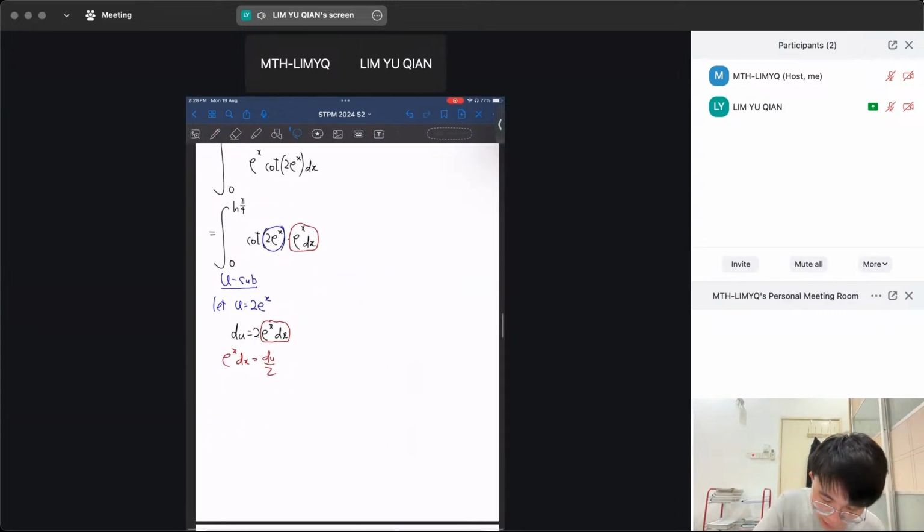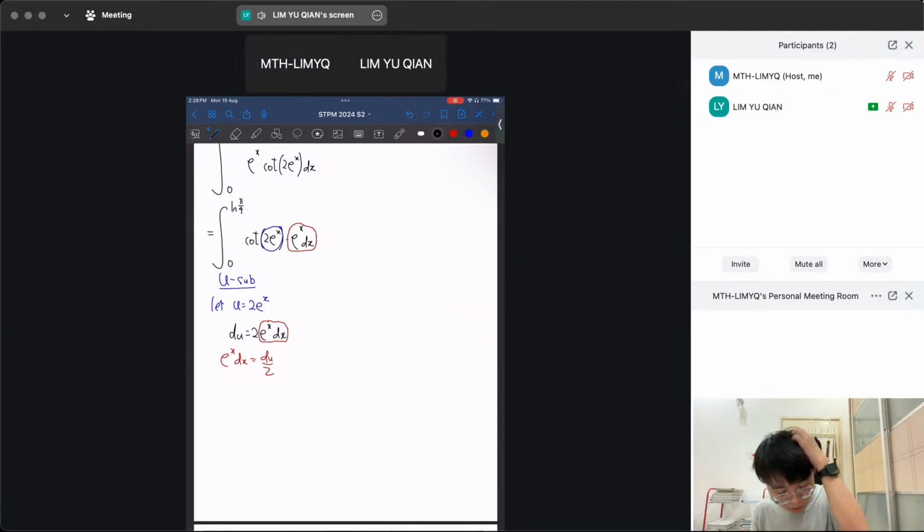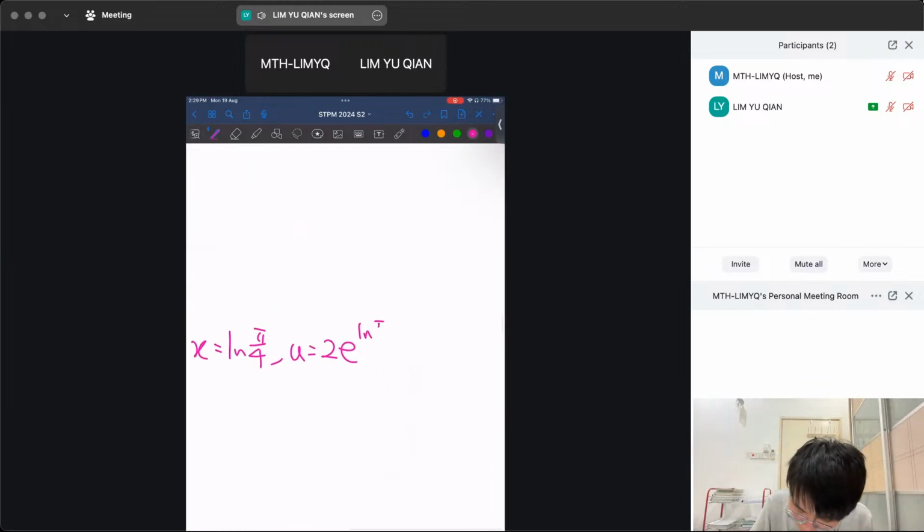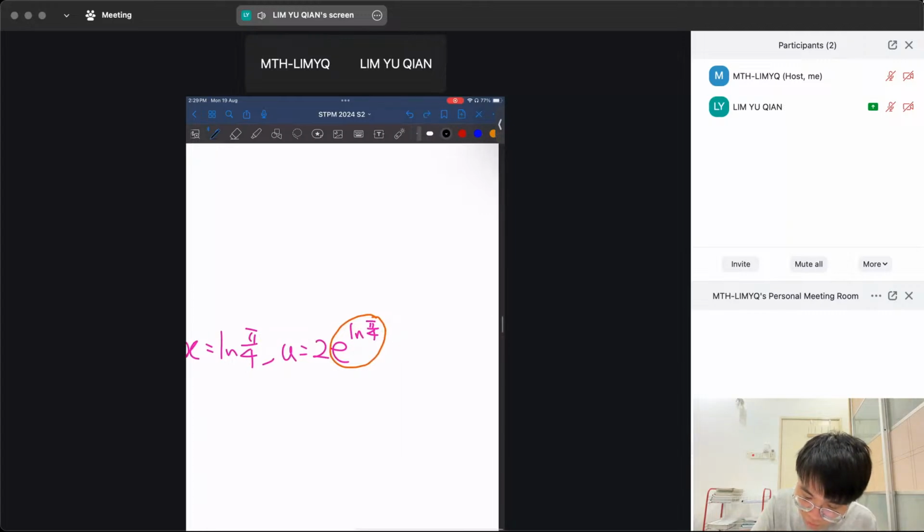And the limits also have to change. So in u sub, we must change the upper and lower limits. When x equals ln pi over 4, u equals 2e^(ln pi over 4). e^(ln something) equals the something, so it's 2 multiplied by pi over 4.